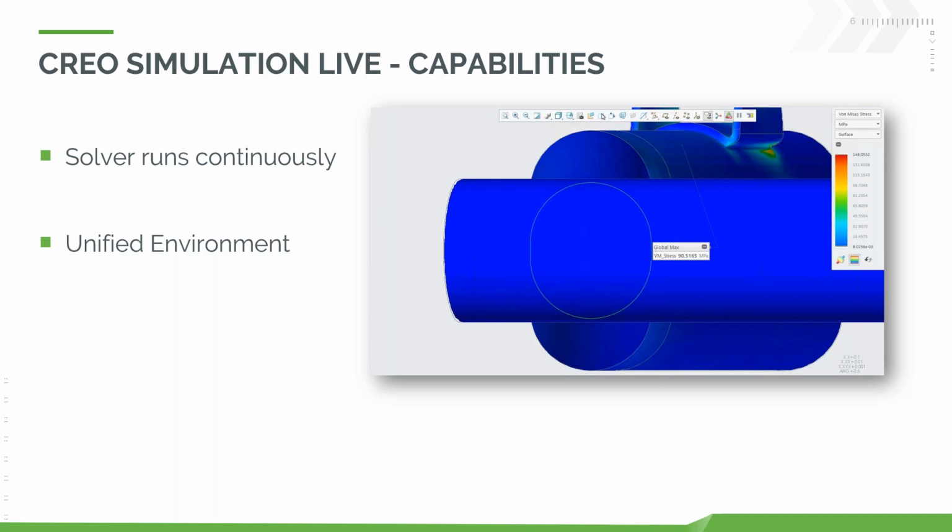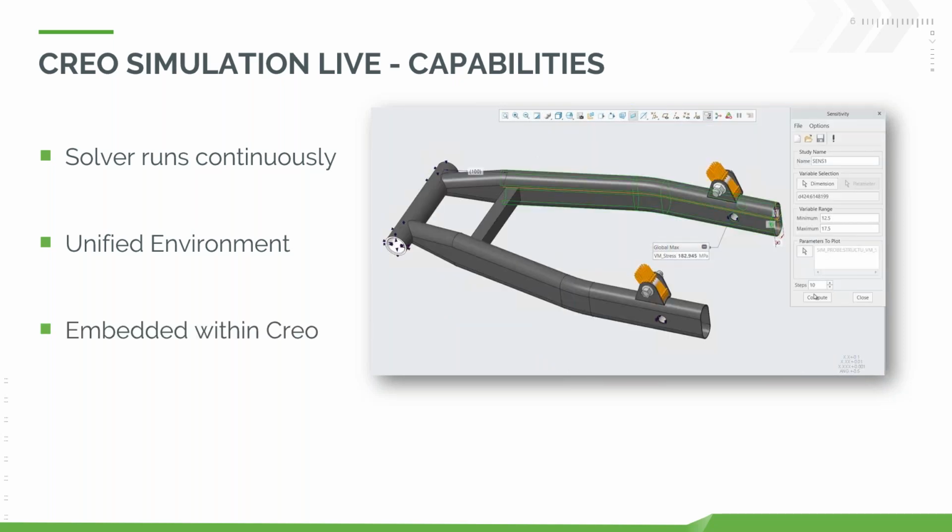There's not different software, there's not even different windows that you have to open to use CSL. It's all embedded within Creo, and it works great with many of the other Creo extensions and capabilities, things like the design exploration extension or behavioral modeling, for example. Those are two that I see commonly used.